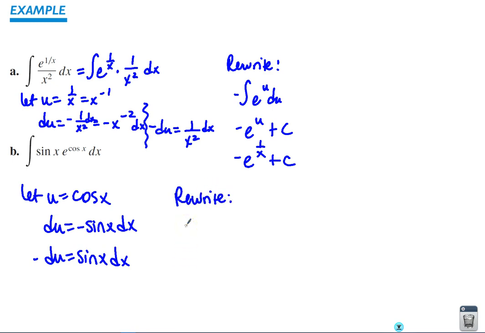I'm going to have the integral of e to the u. Sine x dx is actually going to be negative du. So this is negative e to the u plus c. So negative e to the cosine of x plus c. Okay? Couple more examples here, and then we'll be done with this video.